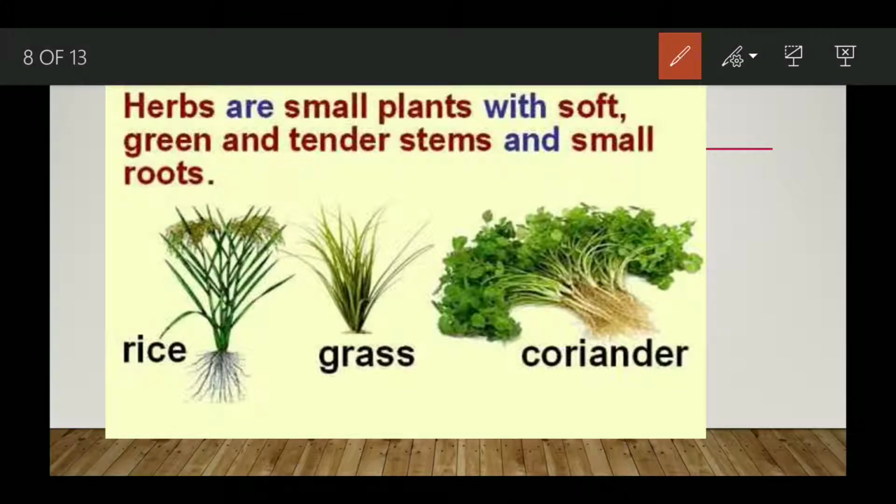Now the next type of plant is herb. Herbs are small plants with soft, green, tender stems and small roots. Examples of herbs are rice, grass, and coriander. How can we identify herbs? Herbs have very thin and soft stems, and they also have small roots.